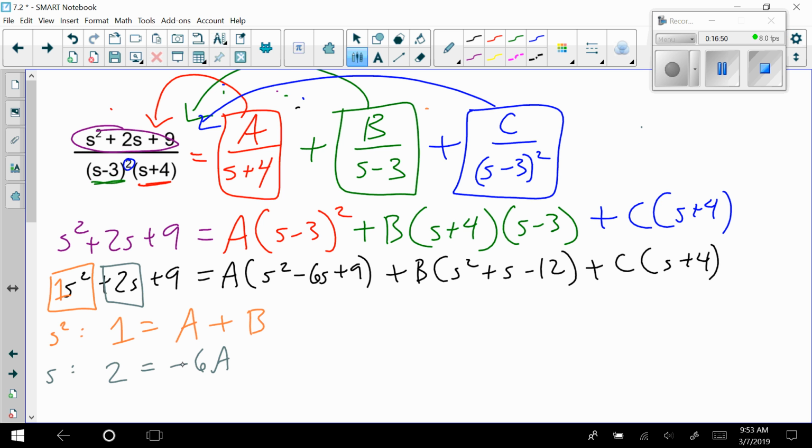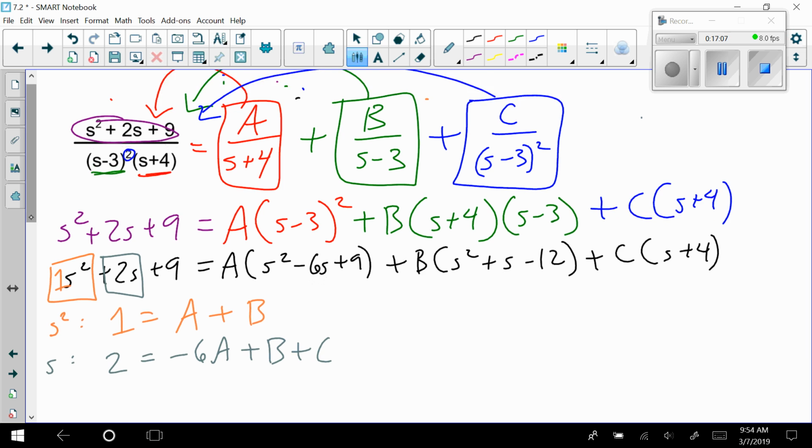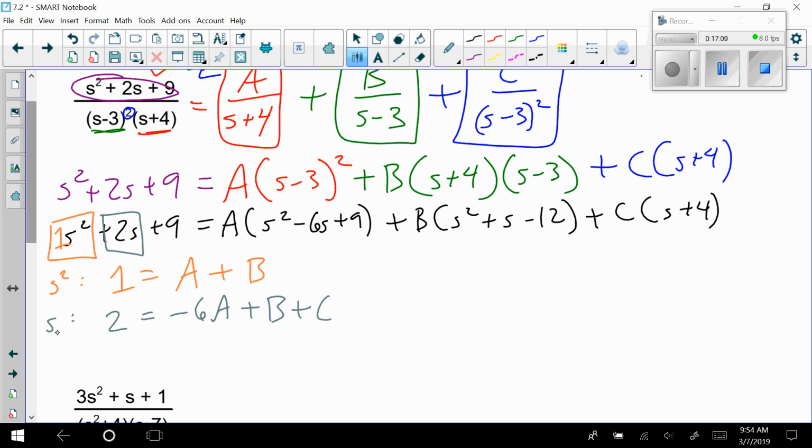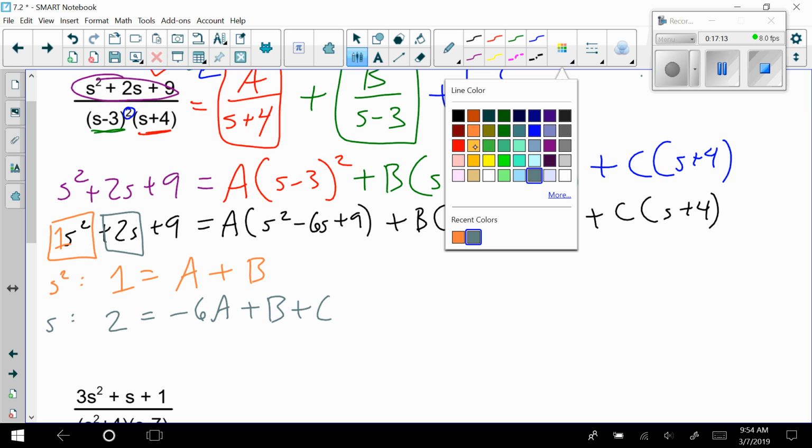Again, you're removing the s's because this is the s equation. Here I would have, the next I'd have B times s. So that's plus B. Then I have C times s, so that's plus C. And now I've created another little tiny auxiliary equation, right? Another one. And finally, one more color here.